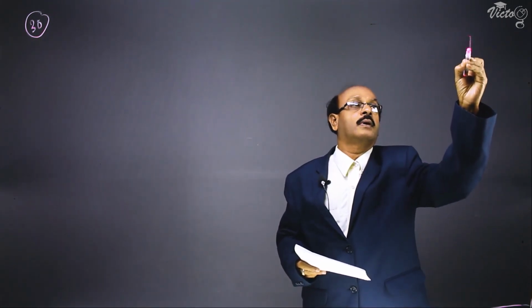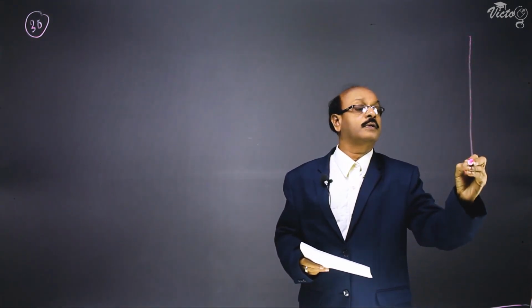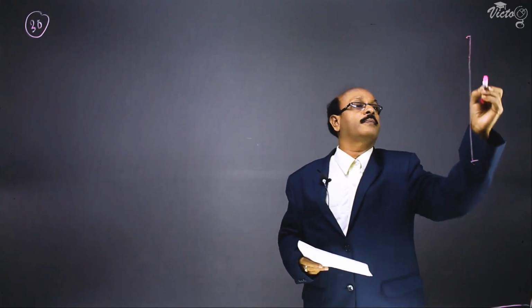Question number 30. According to the information given in the question, we have to draw a rough sketch. A man observes a car from the top of a tower, so we have to draw a tower. This is the tower.